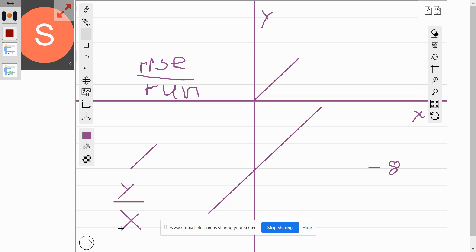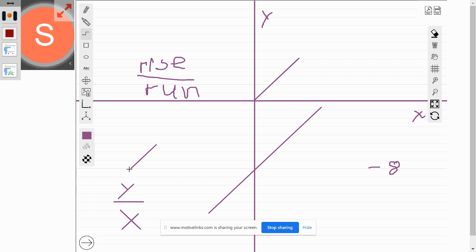Y is the vertical axis right here, and x is the horizontal axis. So that's why it's rise upon run. Run is x and rise is y.